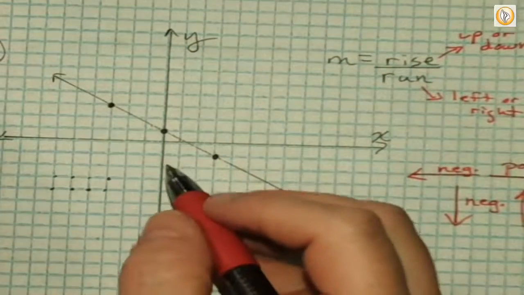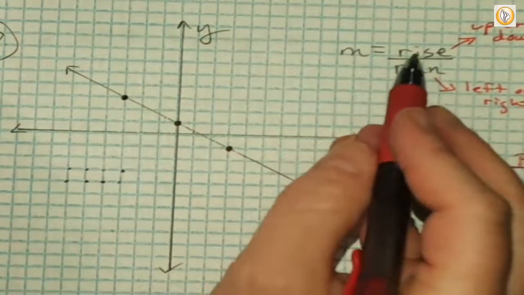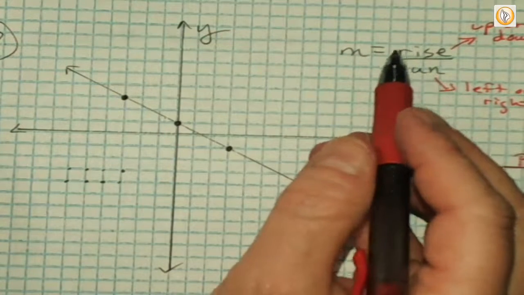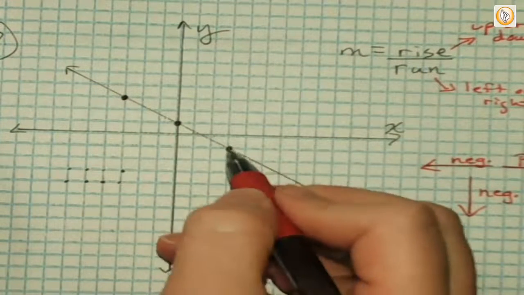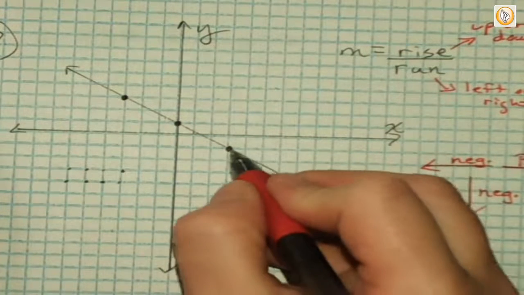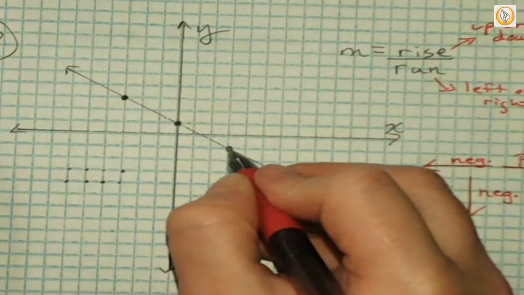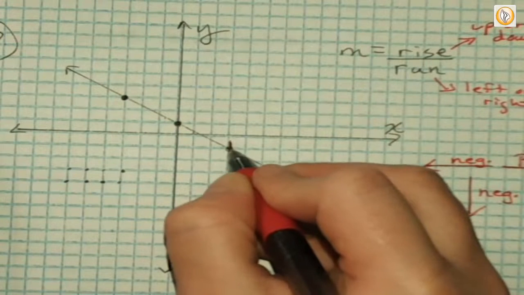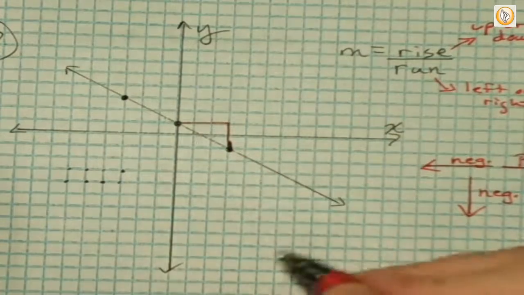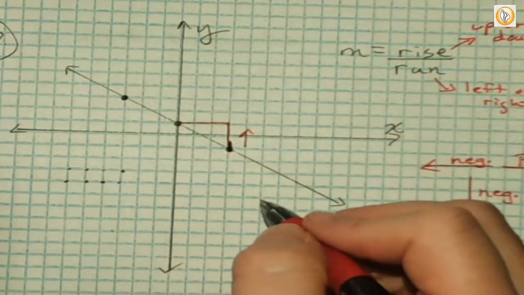Okay, so let's go back to our graph. So we do rise first. Rise is always first. So you can start at any dot. And I'm going to start right here to go to this one. I always tell my students, draw a map. So I go up how many places? 2.